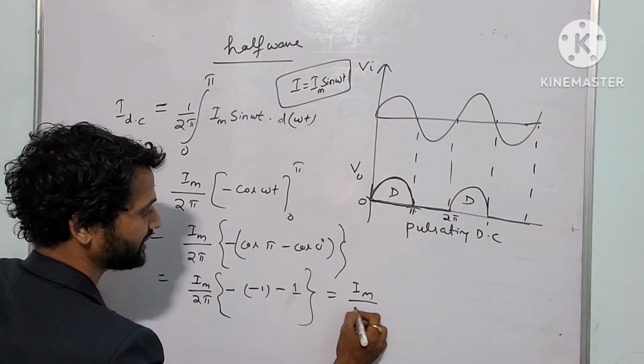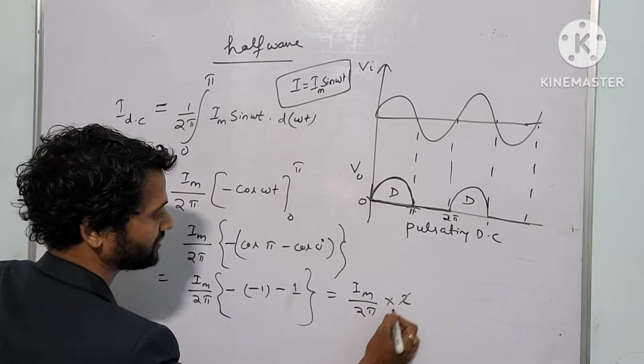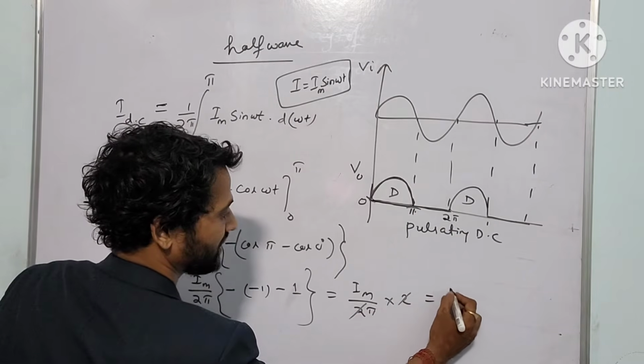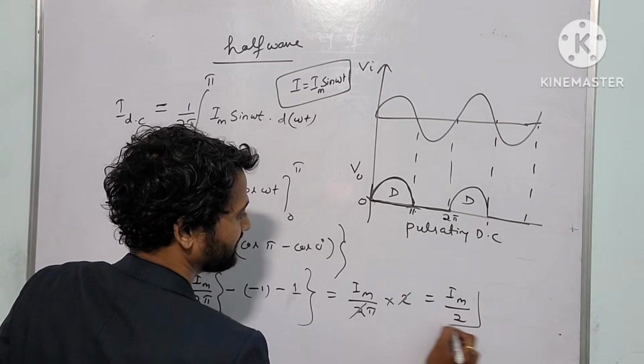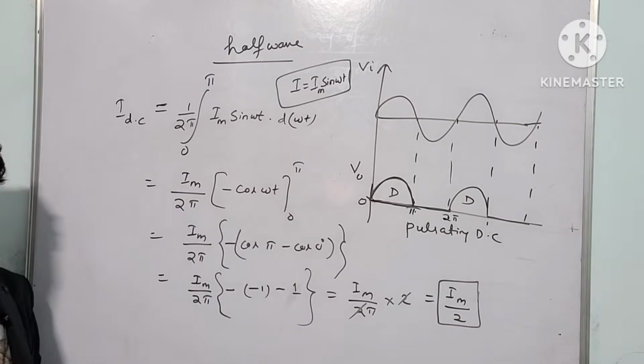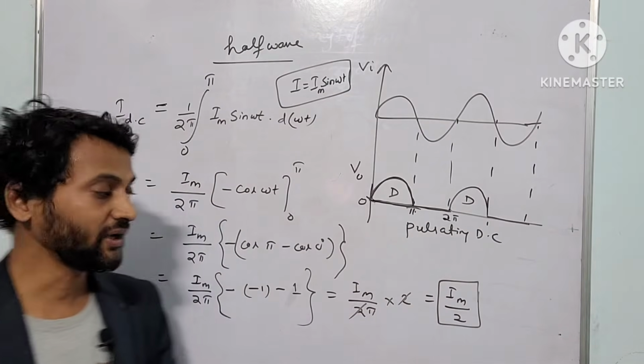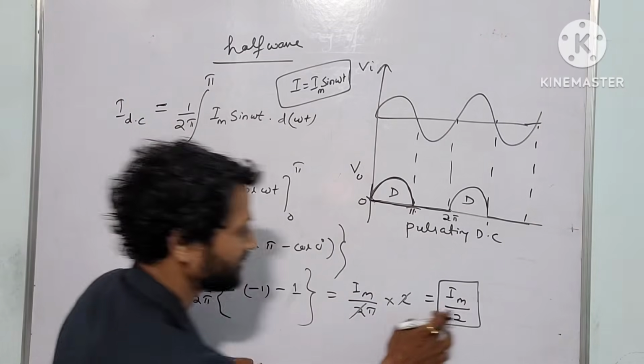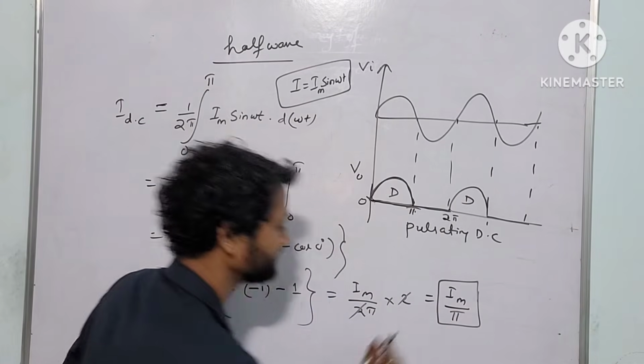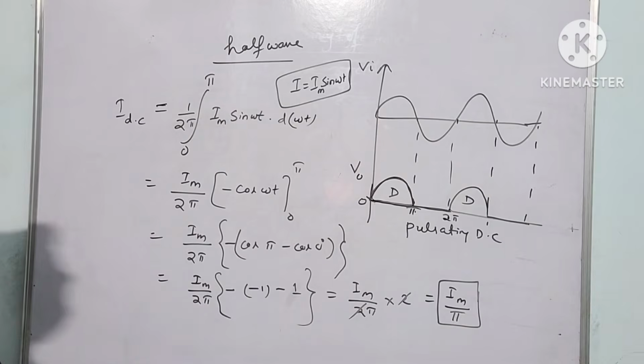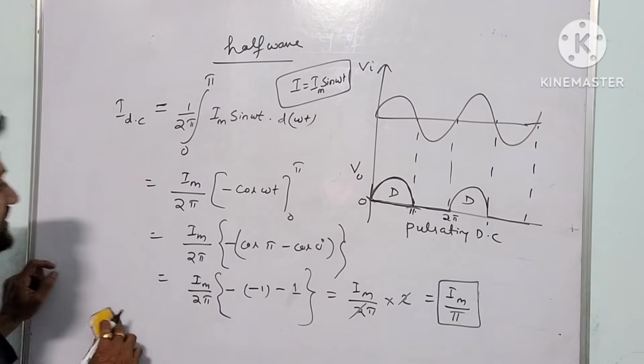So it will be Im by 2 pi into 2. The 2 will be cancelled. So your IDC will be Im by 2 pi. Most important, remember. The IDC will be Im by 2. Sorry, not Im by 2, Im by pi. Is it clear? So this is IDC.